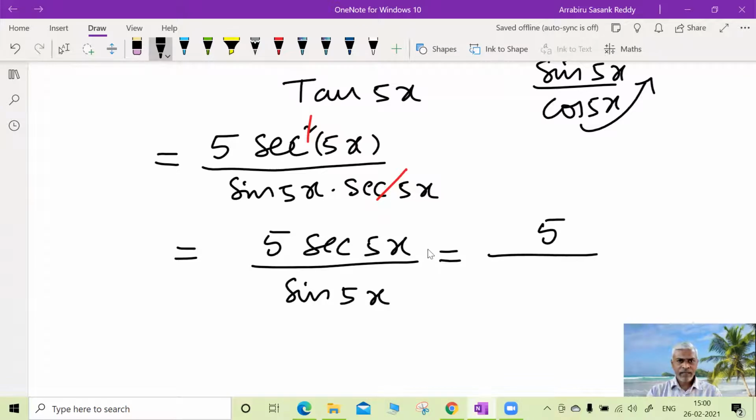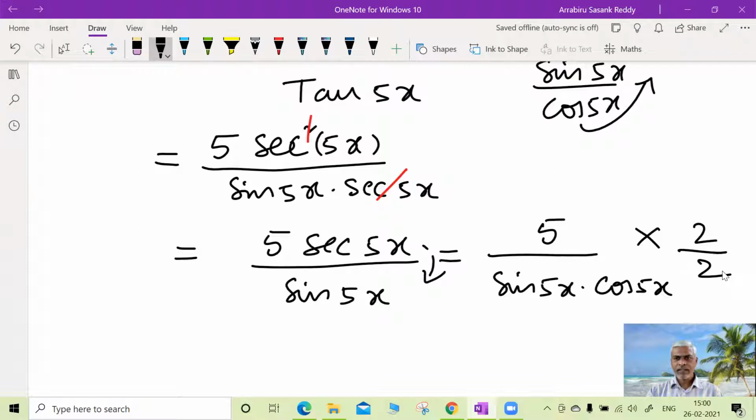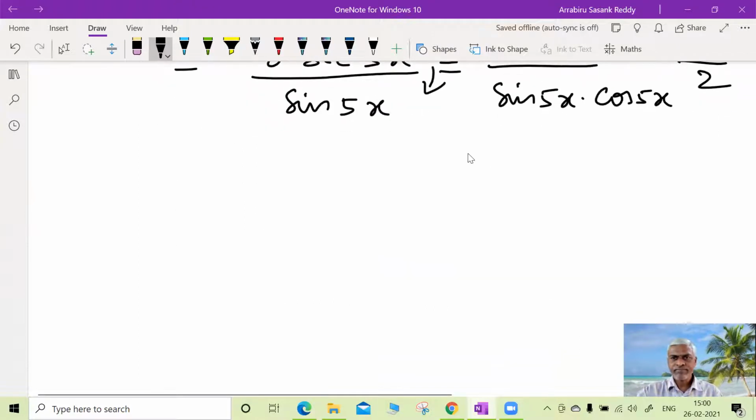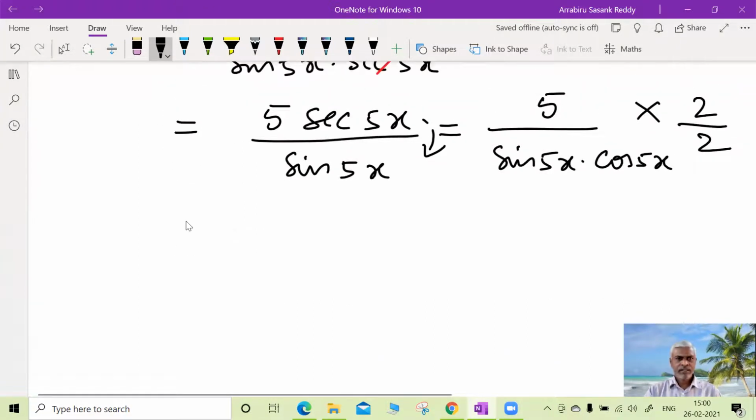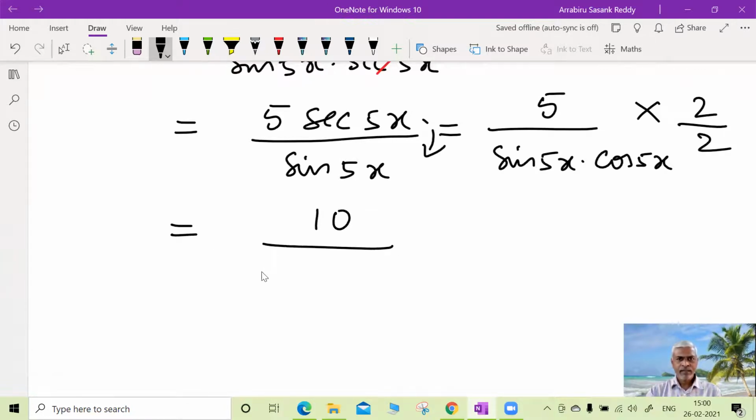So sec is equal to 1 by cos. So sec can be written as 1 by cos 5x, and multiplying and dividing by 2, this can be further simplified. 5 into 2, 10, by 2 sin 5x cos 5x.